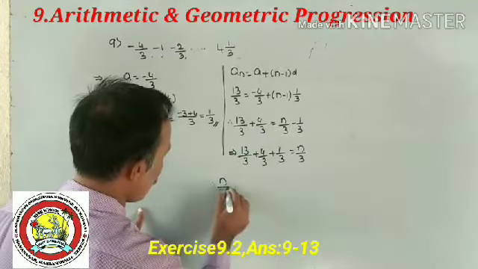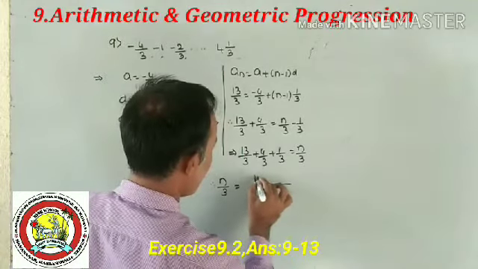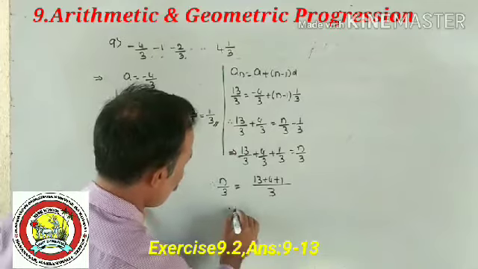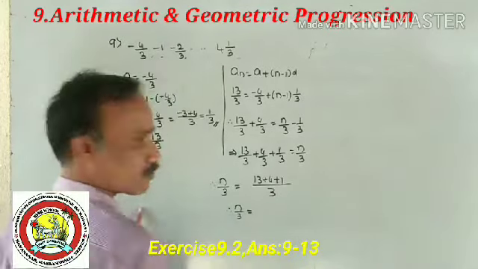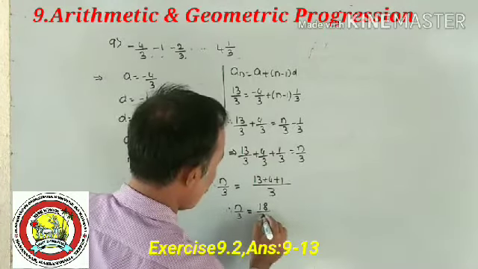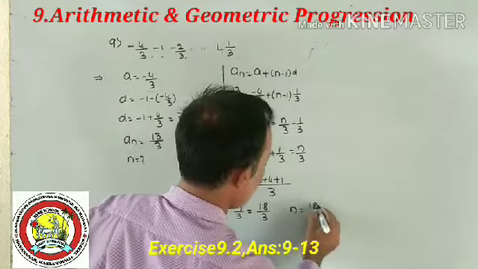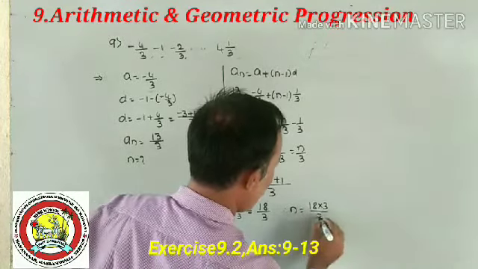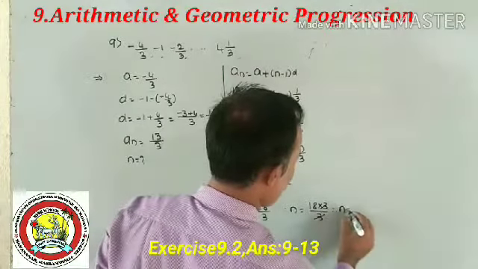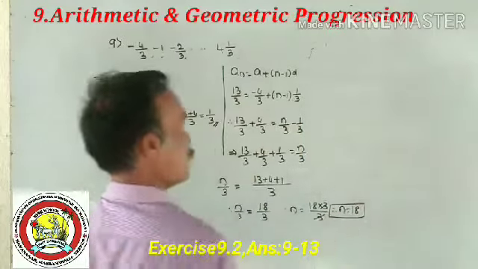Therefore n by 3 is equal to, with 3 as LCM, 13 plus 4 plus 1, that is 17 plus 1, 18 divided by 3. Therefore n is equal to 18 into 3 divided by 3. Cross multiply, the 3s cancel. Therefore the value of n is equal to 18.